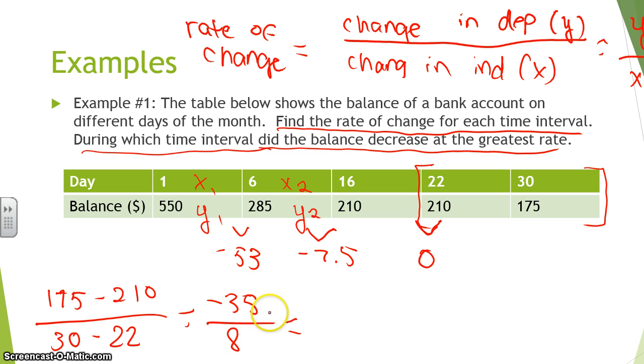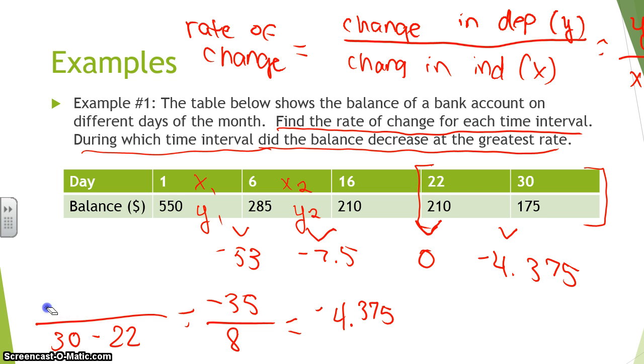Negative 35 over 8 is going to give me negative 4.375. So the rate of change between these two times is negative 4.375.